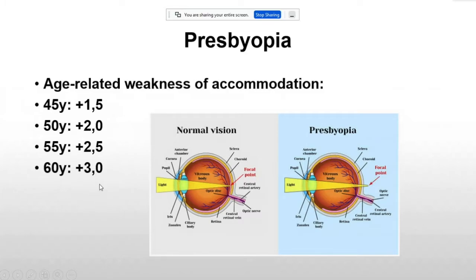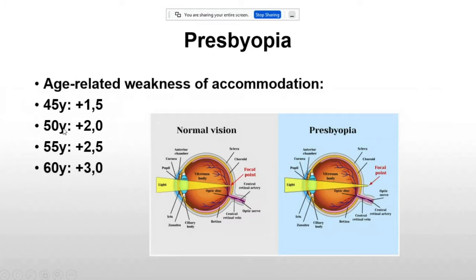That's only related to age, this presbyopia. So if the person has plus 2 for distance and is 50, he'll still have plus 2 for distance, but will have plus 4 for near.